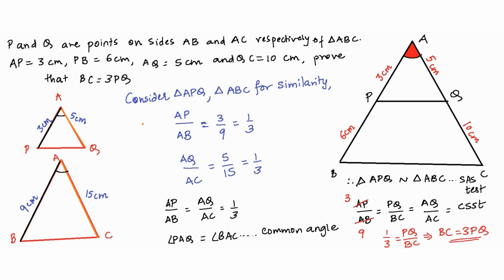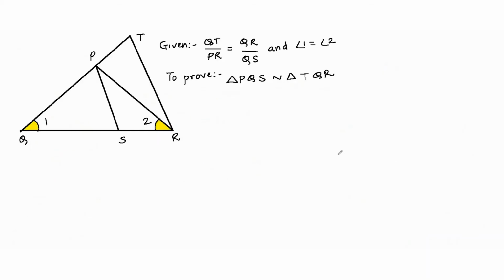Moving on to the next question. So let's consider the following question. It's given that QT upon PR is equal to QR upon QS and angle 1 and angle 2 are equal to each other.